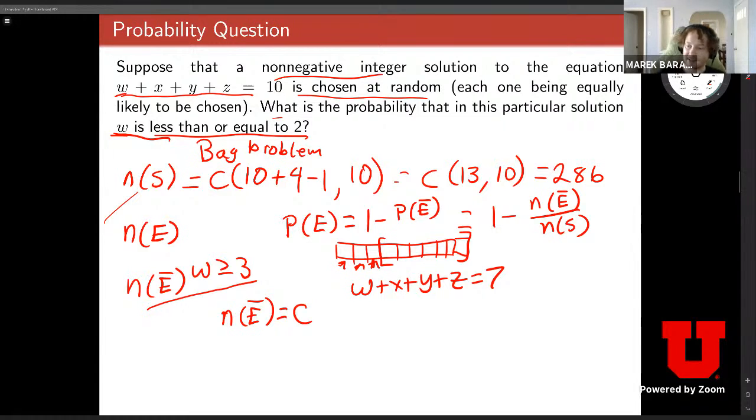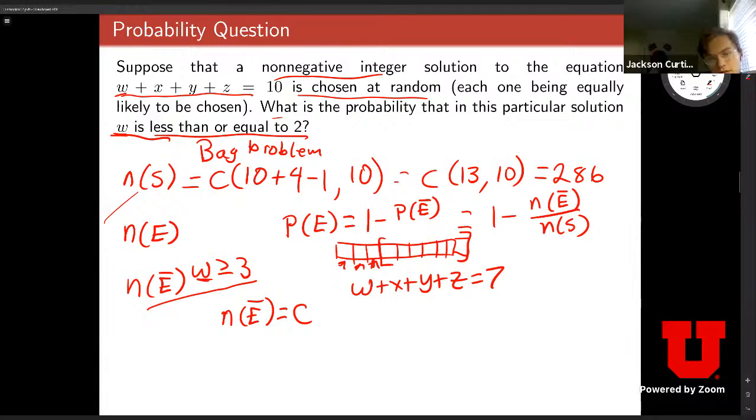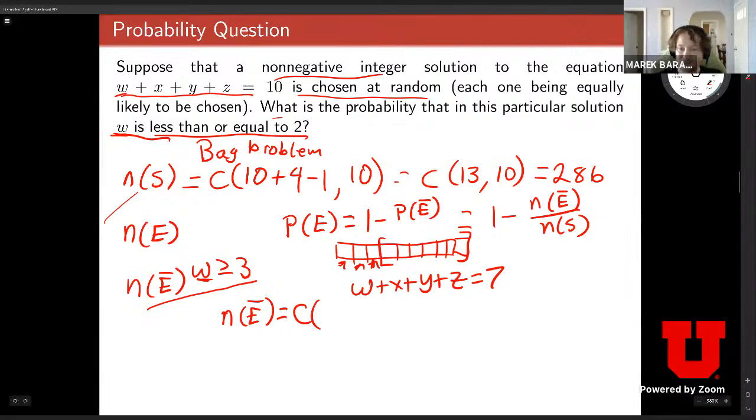Yep, I'm seeing the answer in chat. That's just because 10 minus 3 is 7? Yeah, because we already said w is at least 3, right? So we subtract 3 off 10. So we're now concerned about 7 things. We have 7, 4 things we're putting it on, minus 1, and we're taking 7 of those.